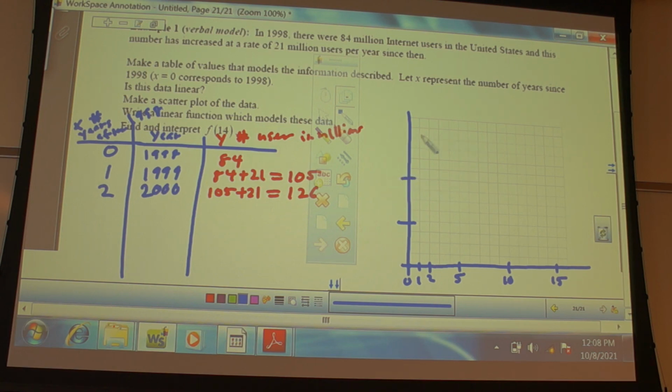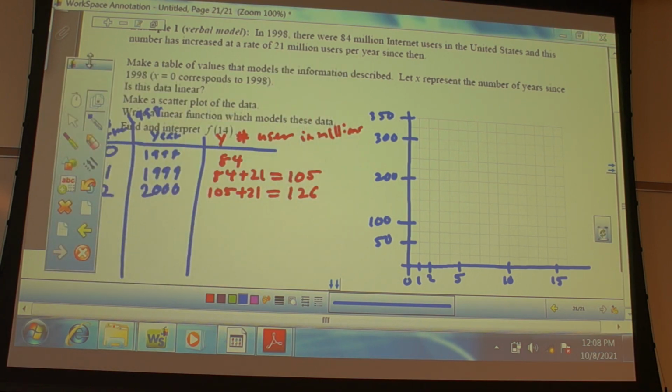We'll make every mark equal to 25. So this is 50, right? 100, 150, 200, 250, 300, and I'll make this 350. And then we should label it.